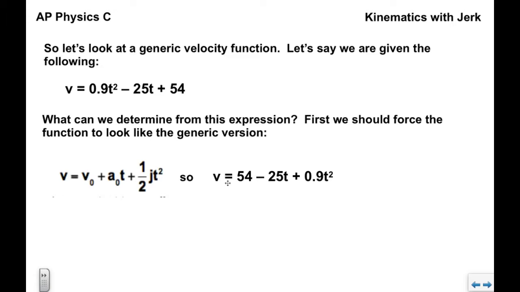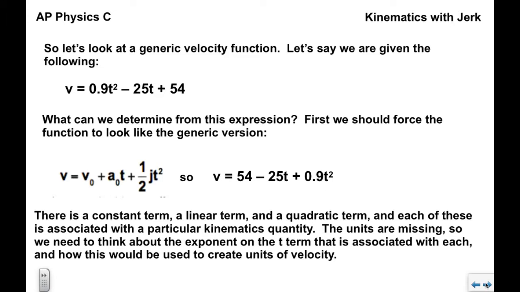Minus 25t, the second term, is the at term. There's the linear t term, and then 0.9 t squared. Again, there's a constant term, a linear term, and a quadratic term. Each of these is associated with our particular kinematics quantity.